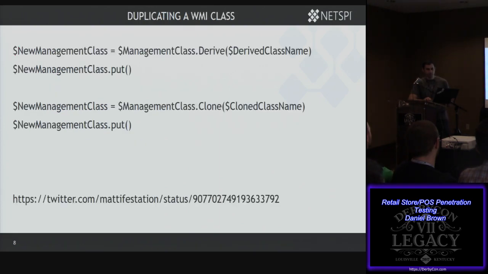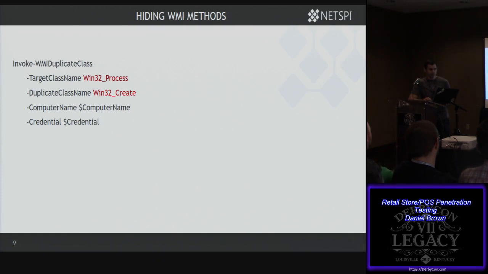The two primary ways we can do this is through the derive method and the clone method. A couple days ago I saw Matt Graeber tweeted something out about this, and it's a great way to hide things. So in this example, we're going to take the Win32_process class, and we're going to duplicate it into a class called Win32_create.